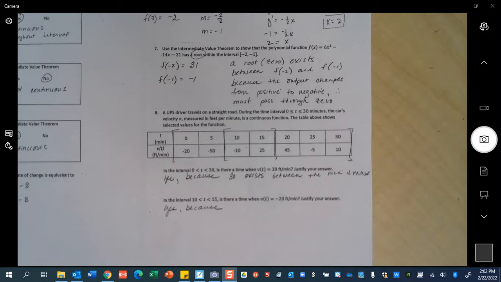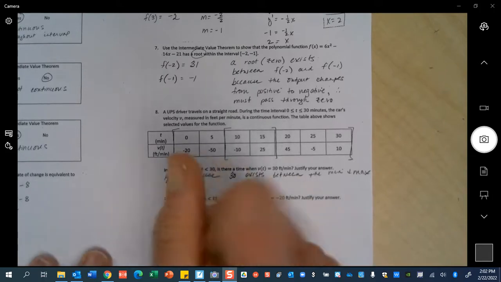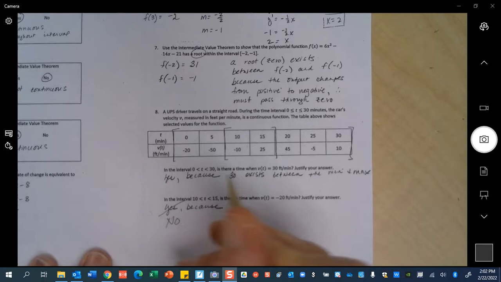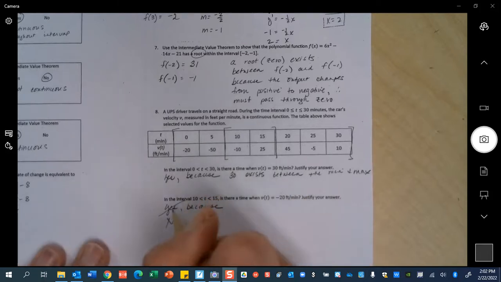Yeah. Isn't the last question a no instead of yes? Okay. Oh, yes, because. Just because. Let me think. Maybe I stopped working on it. In the interval of 10 to 15, is there a time when my velocity is equal to negative 20? Oh, that would be a no. Absolutely, up until you told me that.